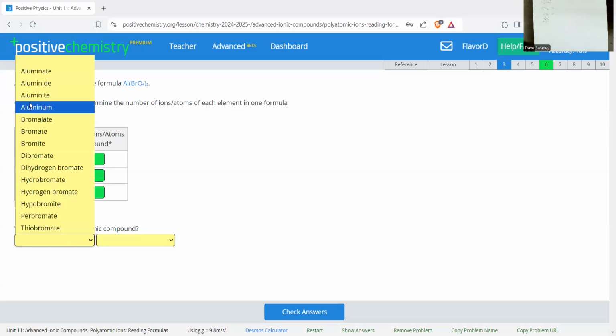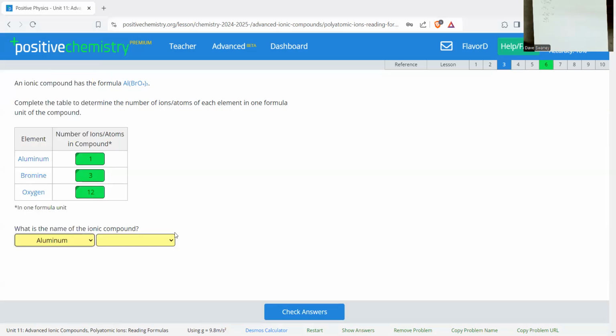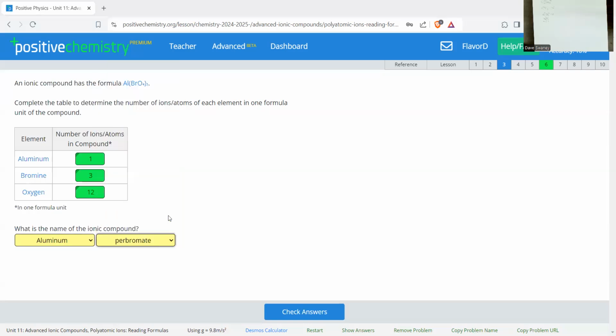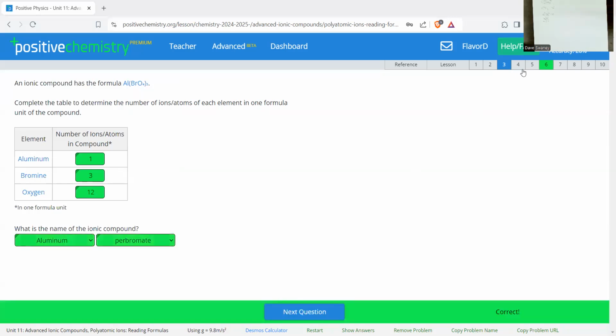I don't need to tell them that. I can just say it's aluminum and they can figure out that it's +3 because they should look at the periodic table. Now go look at your ion chart. And I'm pretty sure this is perbromate. Why? Because it has an extra oxygen. Regular bromate is BrO3, but I have BrO4, which makes it perbromate.